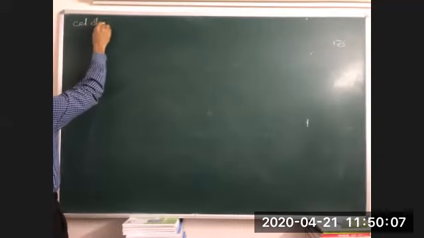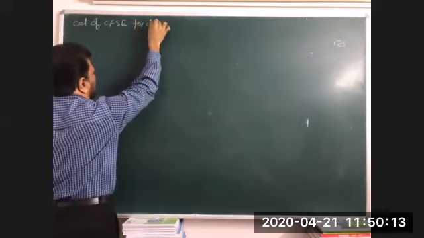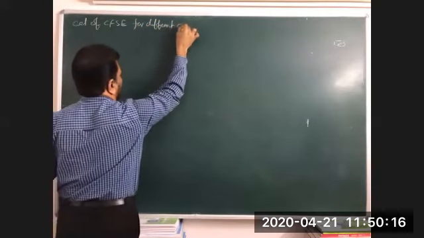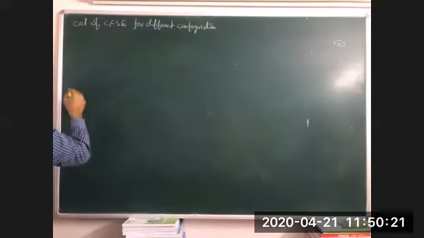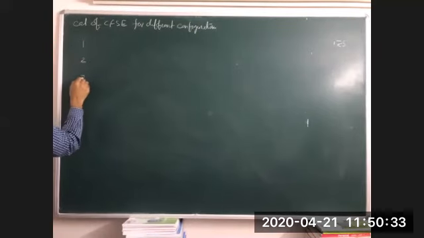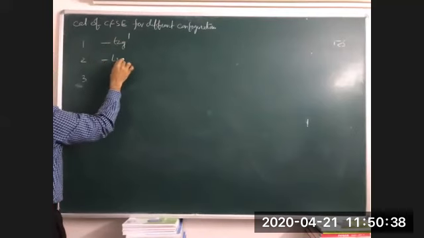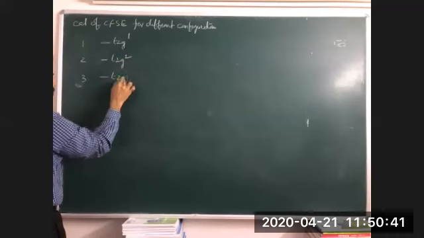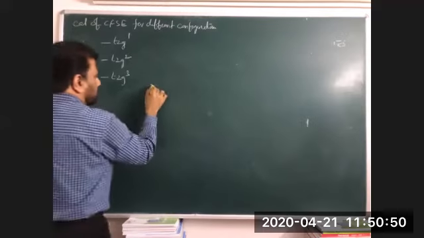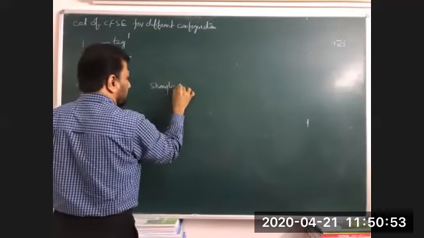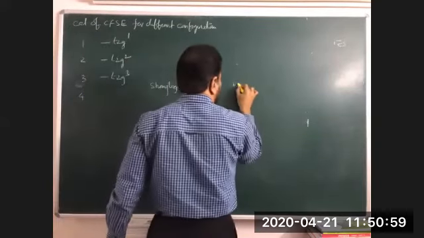Calculation of crystal field stabilization energy for different configurations. In these cases, for 1, 2, 3 electrons, the configurations are T2G1, T2G2, T2G3. Now, 4 electrons: strong ligands, weak ligands.